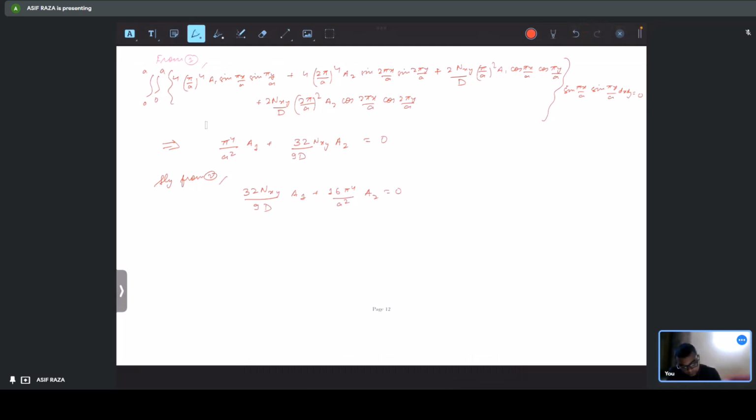So for a non-trivial solution, the determinant of pi by 4 a square, 32 nxy by 9d, 32 nxy by 9d, 16 pi by 4 a square should be equal to 0.